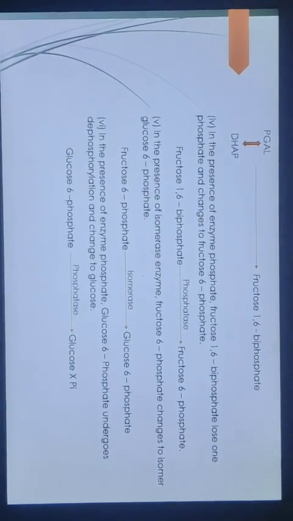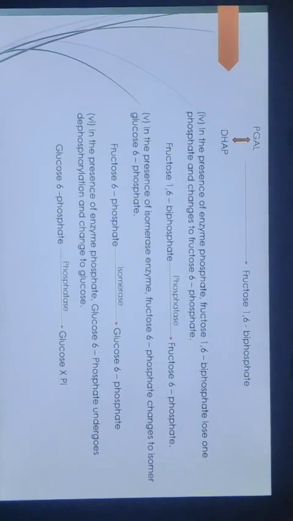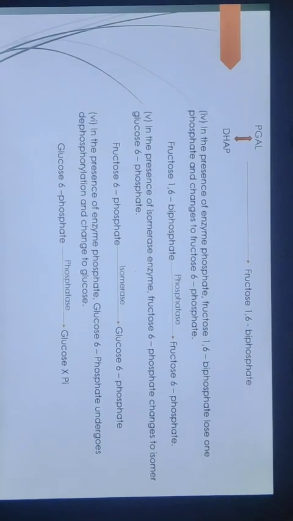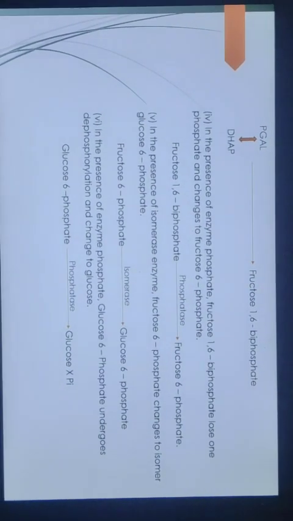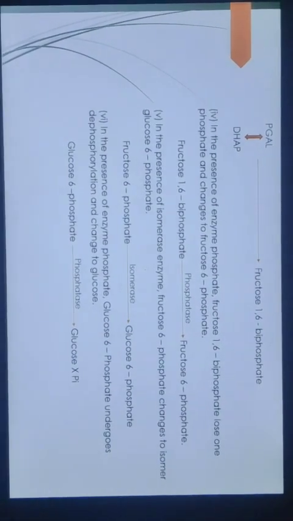So fructose 1,6-bisphosphate is formed from the isomers of phosphoglyceraldehyde and dihydroxyacetone phosphate.